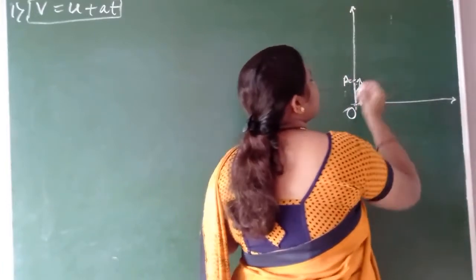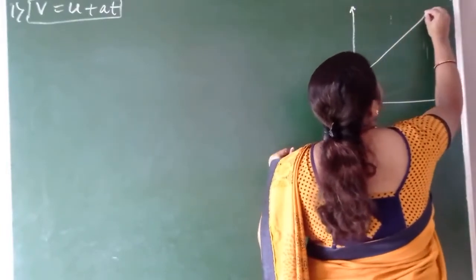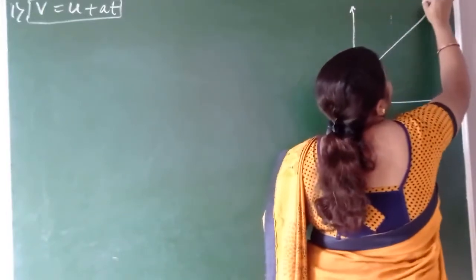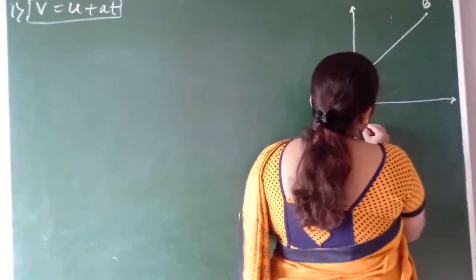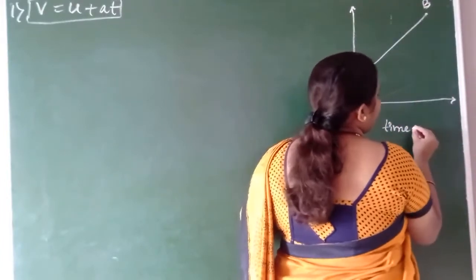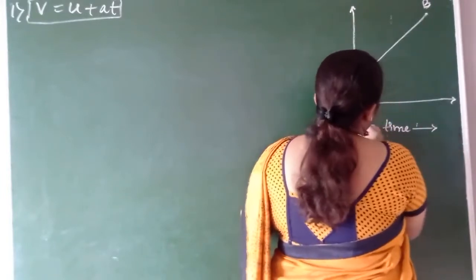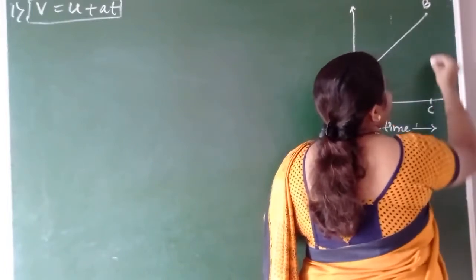Then its velocity increases at a uniform rate and reaches a point called B in a given amount of time, that is time we need to take on the x-axis, at a point called C.